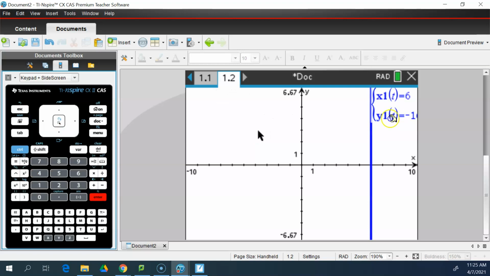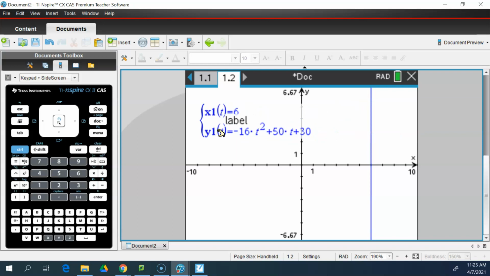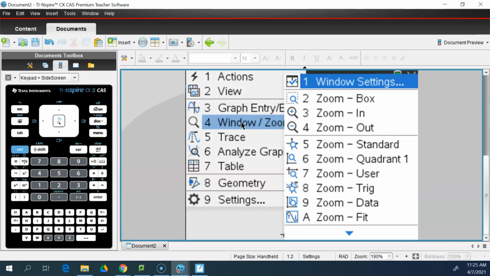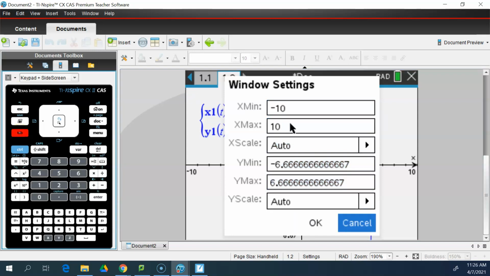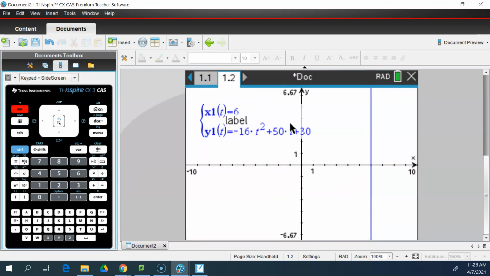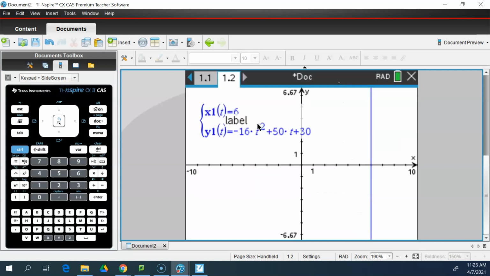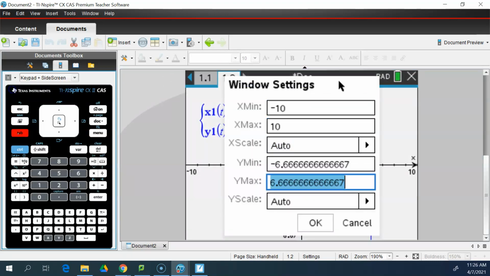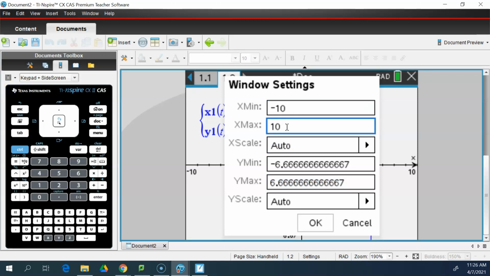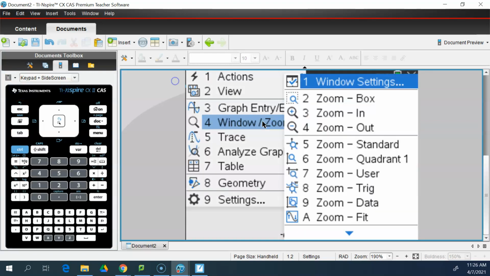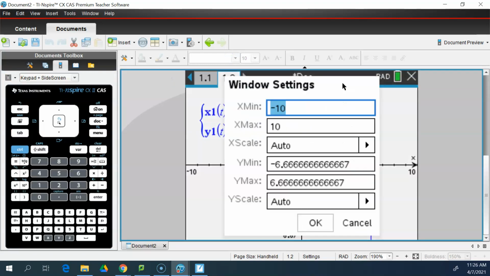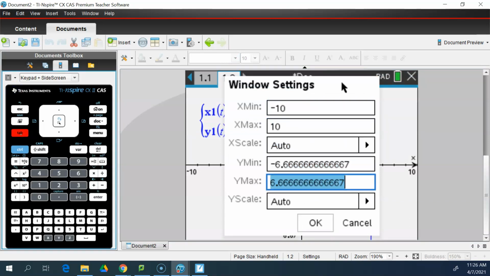There's my function. Now again, I should adjust my window so that I can see everything. X's were good there.